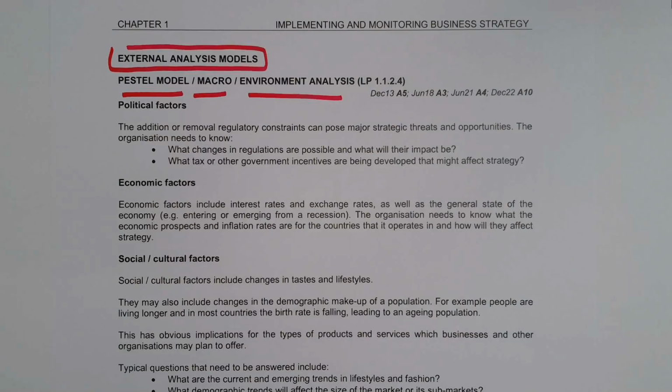So these are just general points that I'm listing down just here. As I mentioned earlier, in the exam, you need to use the specific exam scenario and the important facts and issues. I'm sure you guys have come across Pestel before.